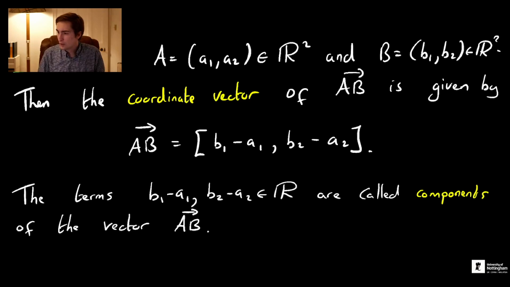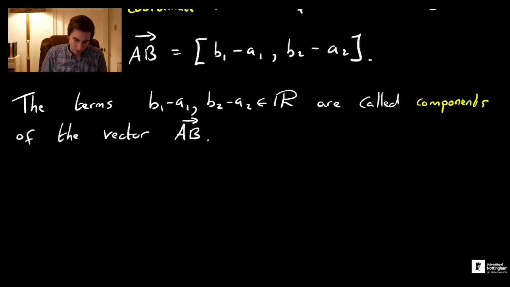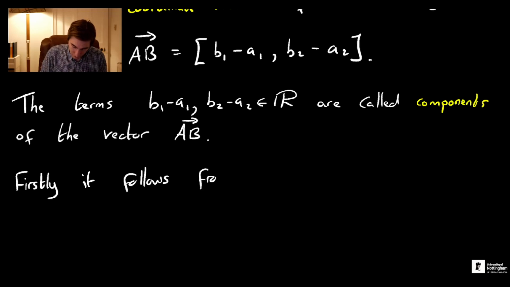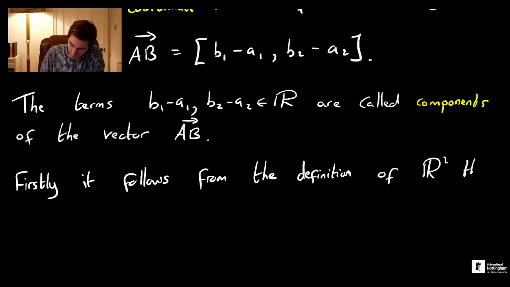So let's go back to some notational points that I've mentioned in the notes. Firstly, it follows from the definition of R2, this set of ordered pairs, that (a, b) does not necessarily equal (b, a) in general.